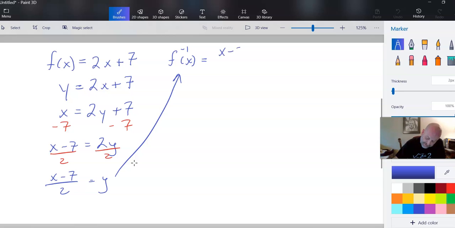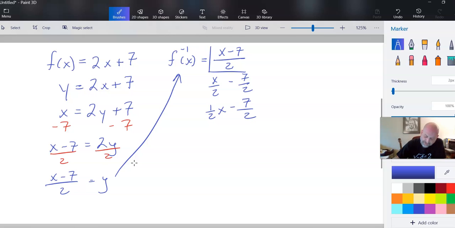So that's x minus 7 over 2. Keep in mind, you can split that up over the denominator. You could rewrite it as x over 2 minus 7 halves, or you could write it as 1/2 x minus 7 halves. This way you can actually see the slope and the y-intercept very clearly here. But this is the inverse function.